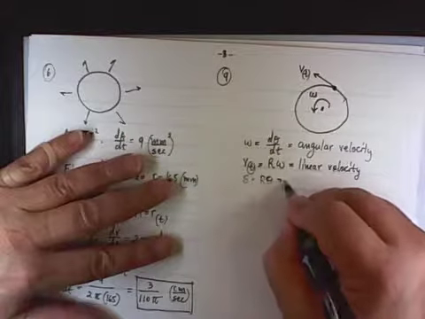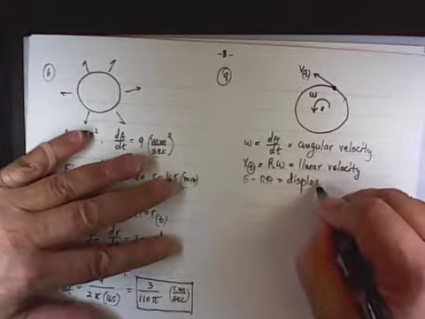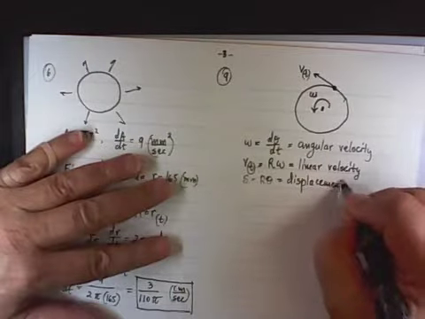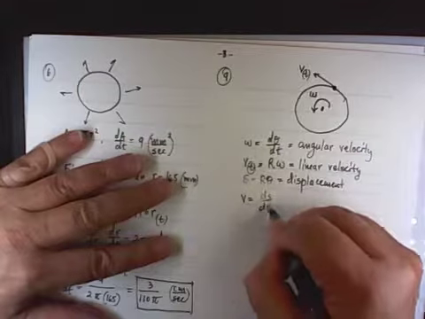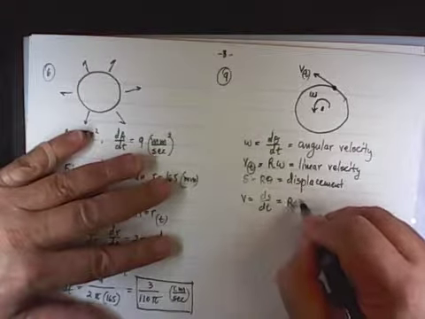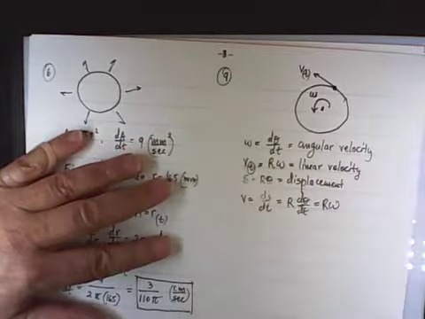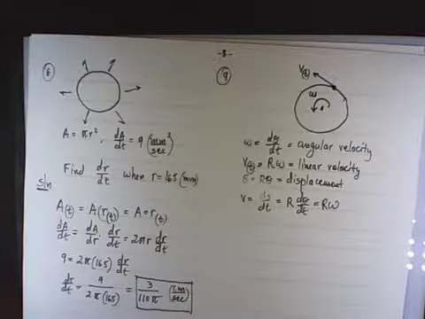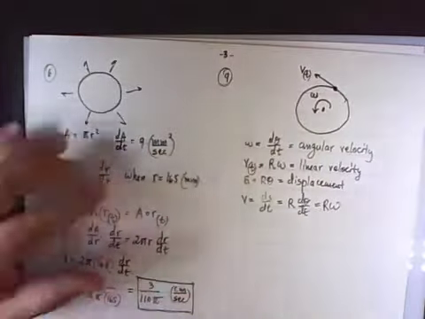Okay, so this is the displacement or the position. And you can see that the velocity v equals ds/dt, so it's equal to r d theta/dt, or r omega. You can see where all these three are coming from. Does it make sense? So this is a little bit of background.